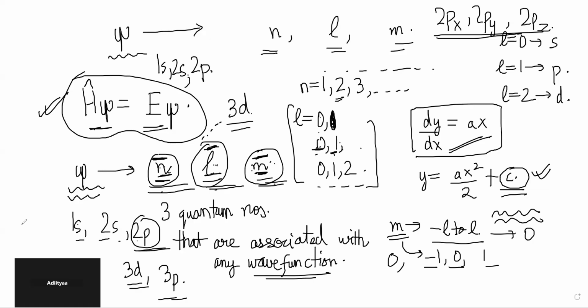Okay, great. Now, some important properties of these 3 quantum numbers that you need to know: the energy of an orbital usually depends on the value of n plus L. So n and L together determine the energy of that orbital.